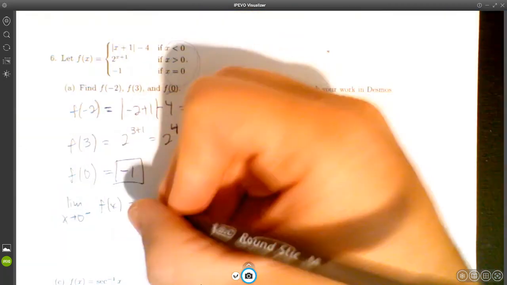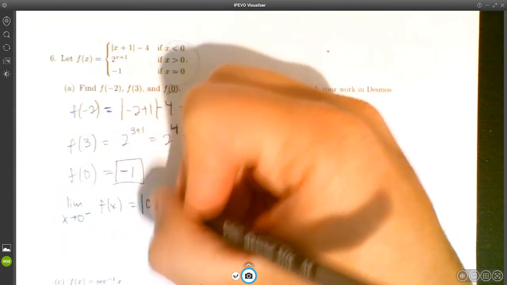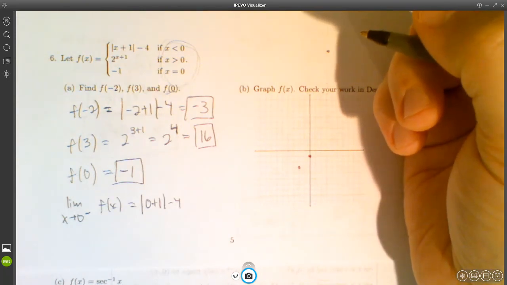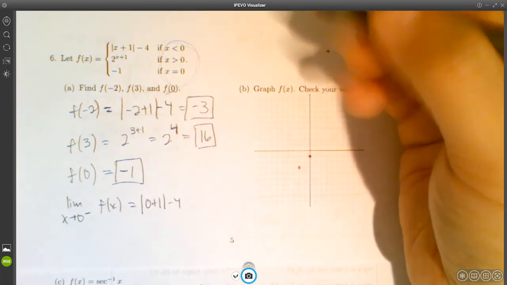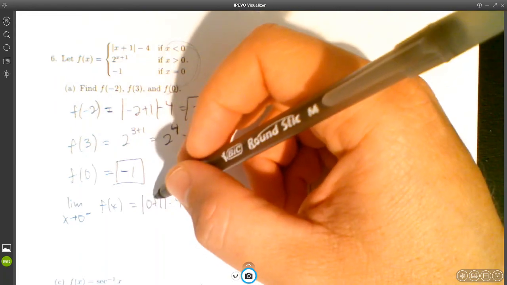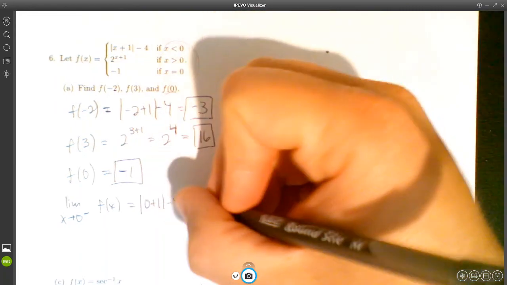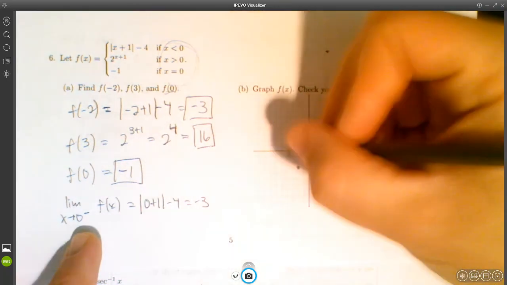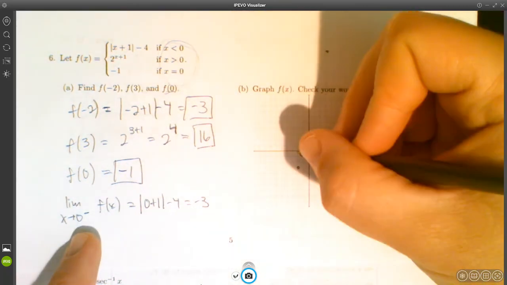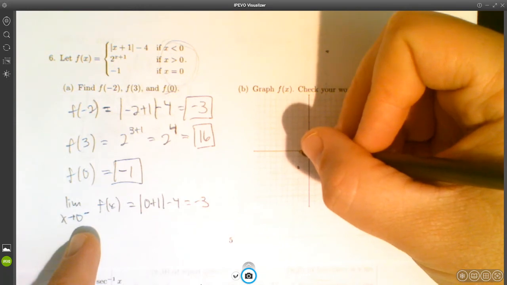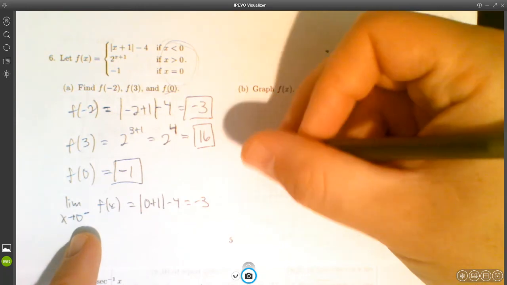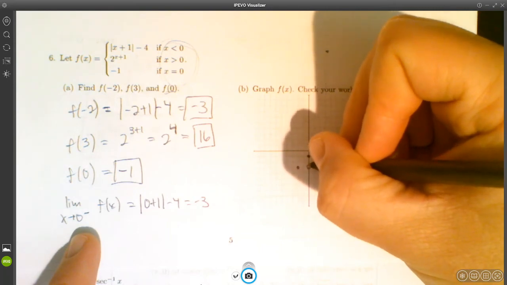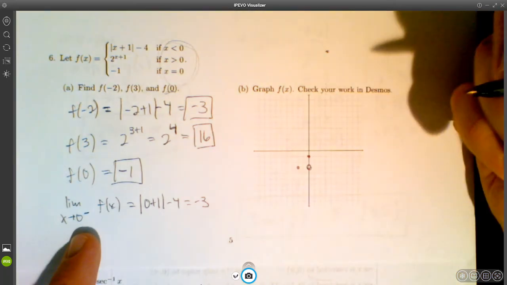I would be approaching absolute value of 0 plus 1, minus 4. 0 plus 1 is 1, absolute value of 1 is 1, 1 minus 4 is negative 3. So as I approach 0 from the left, f of x is approaching negative 3. So I have this hole right there.